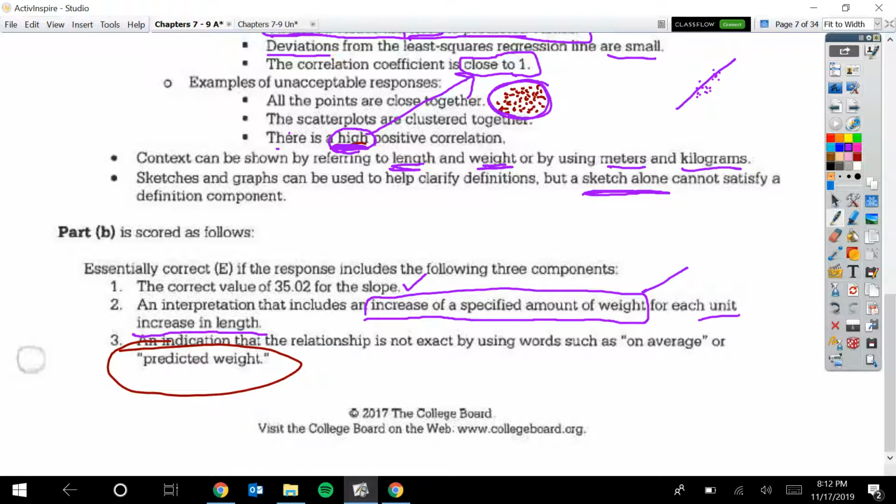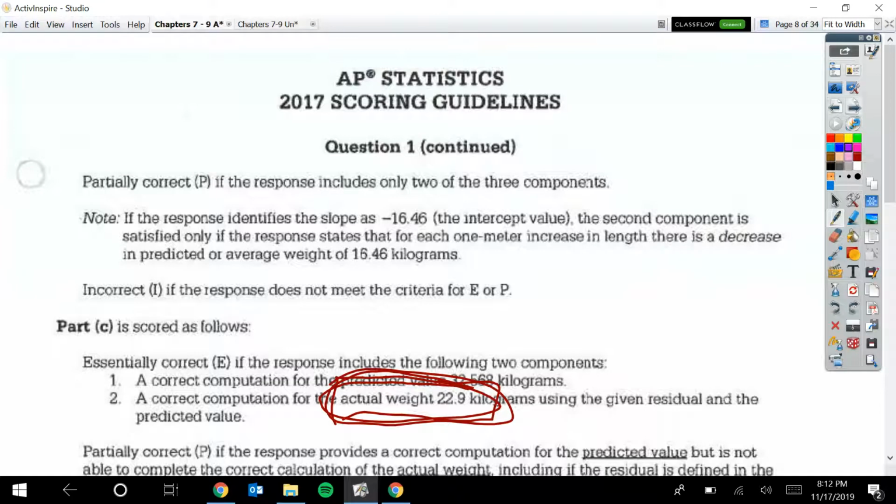So for every 1 meter increase in the length, the predicted weight increases 35.02 kilograms, or whatever that was, okay? All right, so you had to include for every 1 meter increase in the length, the predicted. So to get credit for that, for an E, you had to have all 3 components. For partially correct, you had to have 2 of those 3, and I if you did not do that.